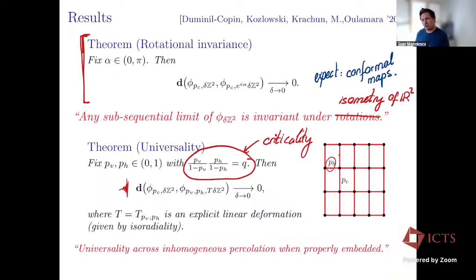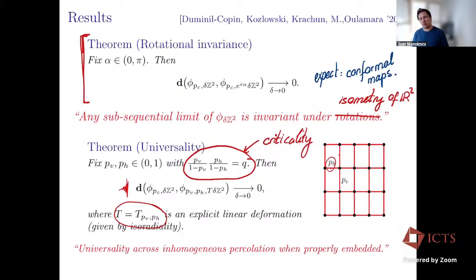If you put a much larger parameter on the horizontal edges, that means horizontal edges are almost always open, vertical edges are almost always closed. So it should be that the clusters start getting dilated in the horizontal direction. So you shouldn't expect them to have the same shape as when you have the same parameters for the vertical and horizontal. And the caveat here is that the two have the same limit if you modify the embedding through a well-chosen linear map.